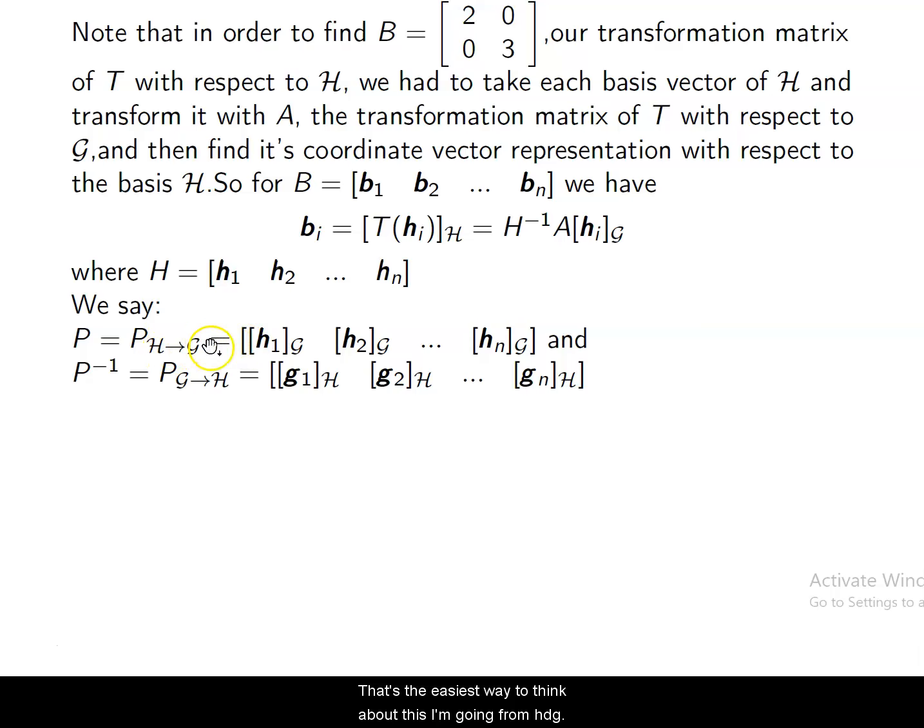If I'm going from H to G, I take the basis vectors of H and I represent them under coordinate vectors of G. If I'm going from G to H, I take the basis vectors of G and I represent them in the basis H. And once we have one, you can find the other because you should be able to take an inverse. If for some reason it's not square, which we'll talk about later in this section, it's always square. That's how we would do this.